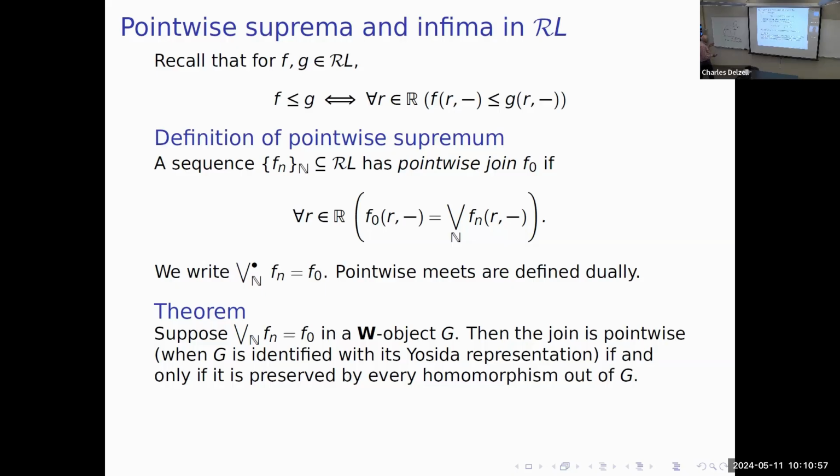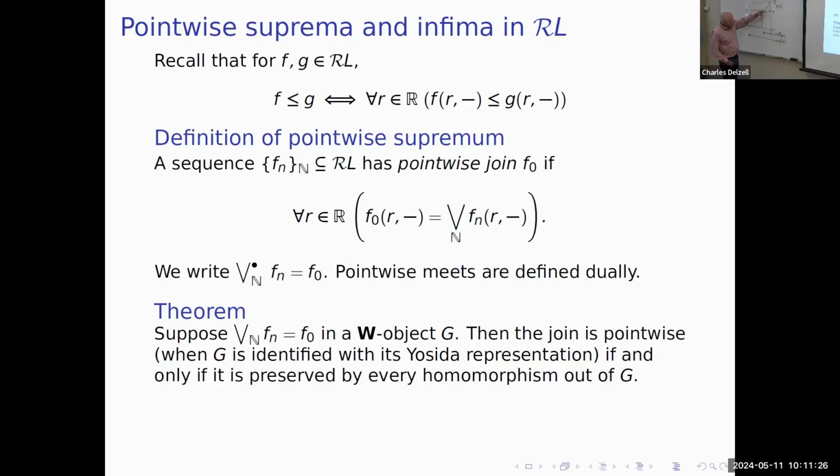And I'd like to introduce this topic by reminding you that the order in R of L is determined by the behavior of the elements under evaluation at right rays, right? So this is the real numbers from r on up. And the observation here is that you can tell when one of these functions lies below another one simply by examining where each function takes this right ray.